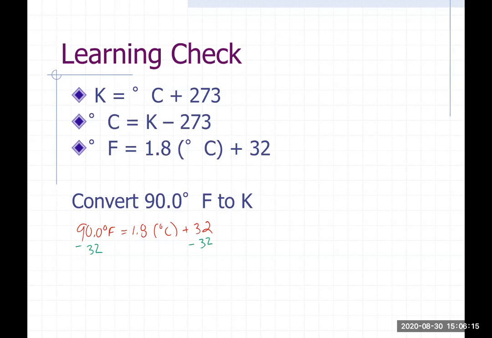So 90 minus 32, which you should be able to do in your calculator, is going to give you, or at least I get, 58, which equals 1.8 times degrees C. And now I'll just divide the 1.8 out of both sides.